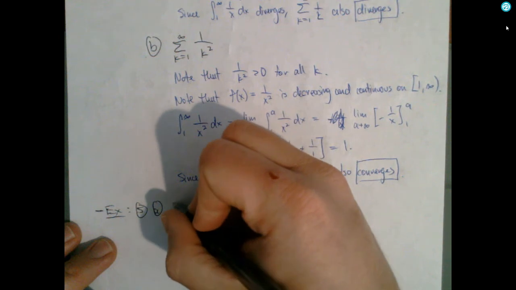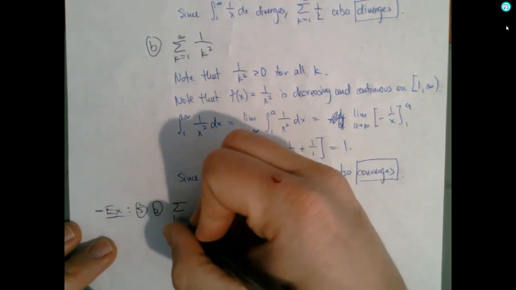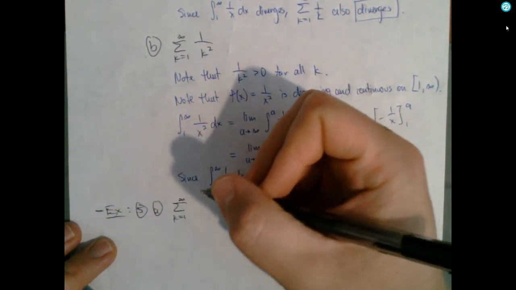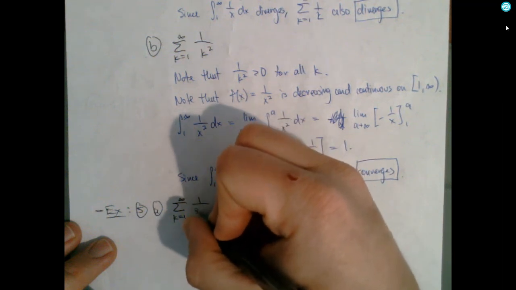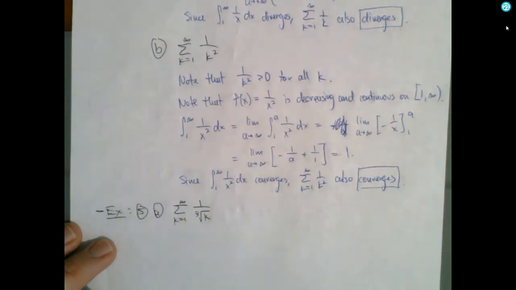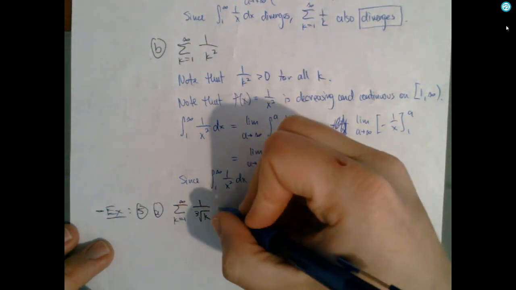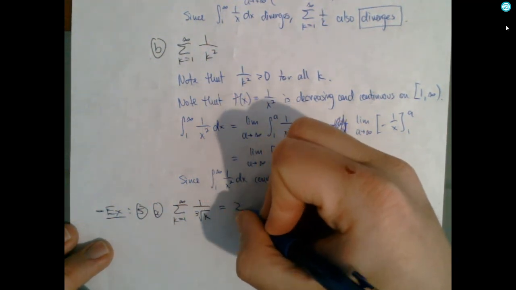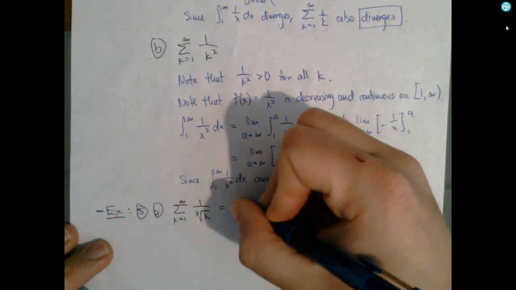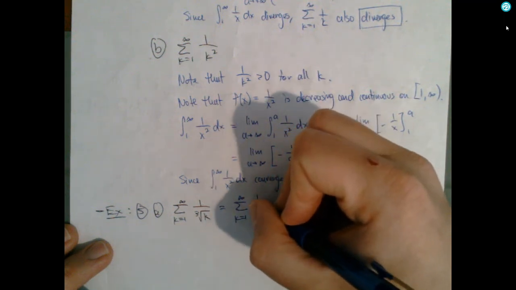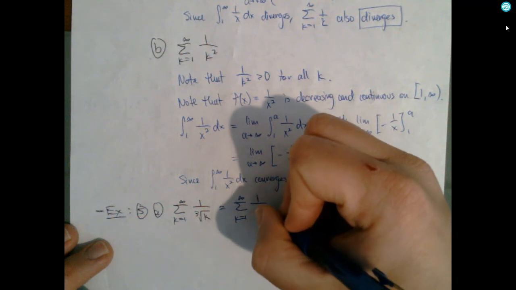So the first one is the sum from k equals 1 to infinity of 1 over cube root of k. Okay, well, so that's a p-series, right? This is the sum from k equals 1 to infinity of 1 over k to the 1/3 power, right?